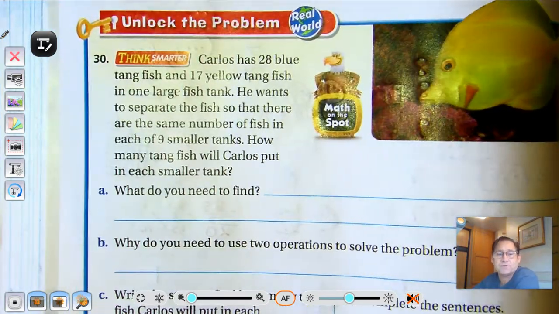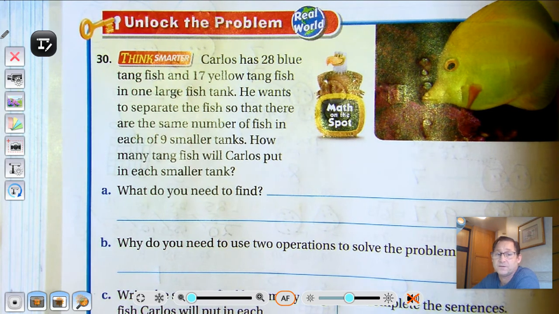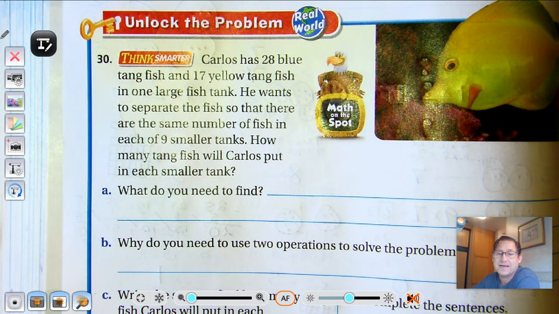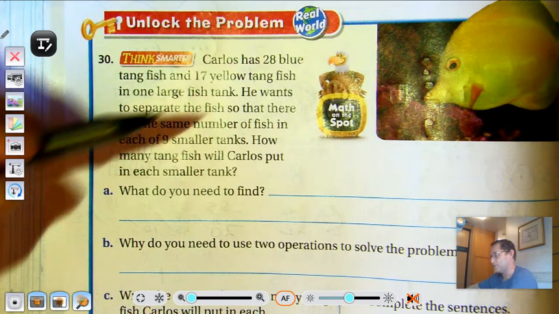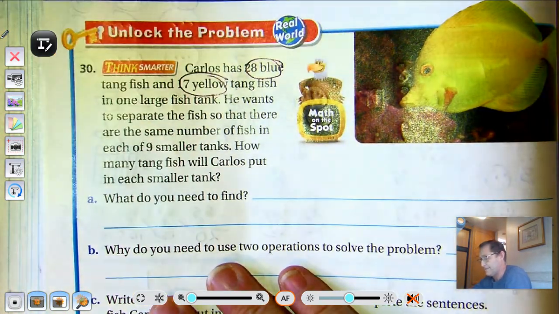Carlos has 28 blue tangfish and 17 yellow tangfish in one large fish tank. He wants to separate the fish so that there are the same number of fish in each of 9 smaller tanks. How many tangfish will Carlos put in each smaller tank? All right, so we know he has 28 blue and 17 yellow.